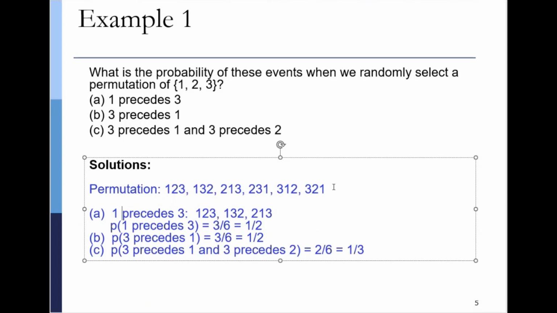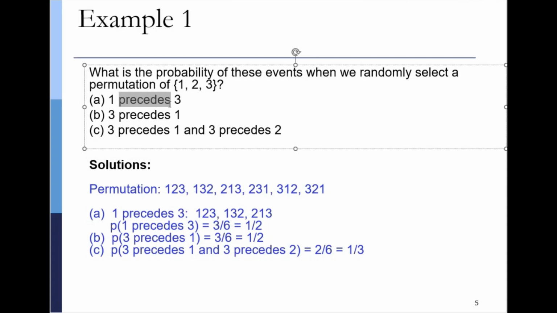Precede means comes before. That means if we take the numbers only 1, 2, 3, 1 precedes 3 is like 1, 2, 3. 1, 3, 2 also has 1 preceding 3.